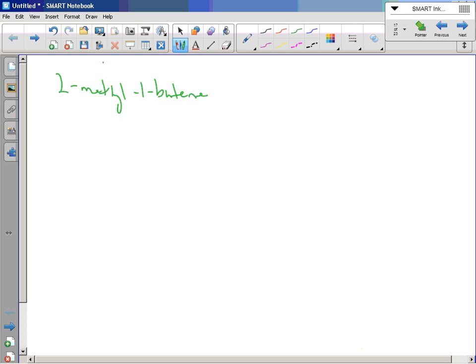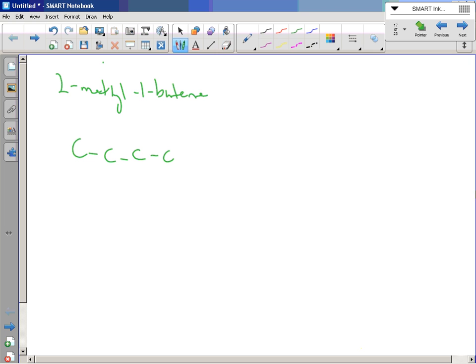When you draw it, start with the end. We've got a butene. How many carbons? 4. Yep, but pent is 5. 4. 1, 2, 3, 4. Oops, that's horrendous. See if I can fix that.